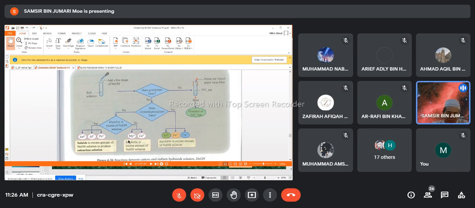Okay, for example, magnesium ion: a white precipitate will be formed, not soluble in excess alkali solution. Okay, that is for the observation for the types of the cations using the sodium hydroxide solution.